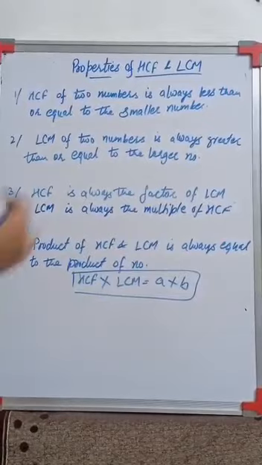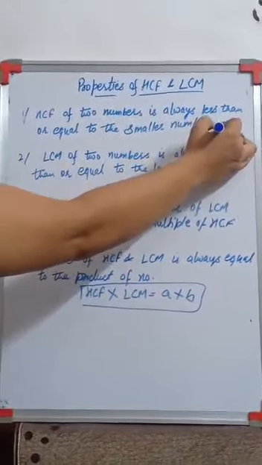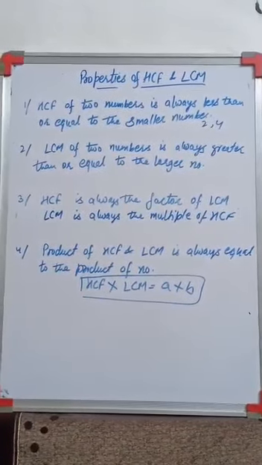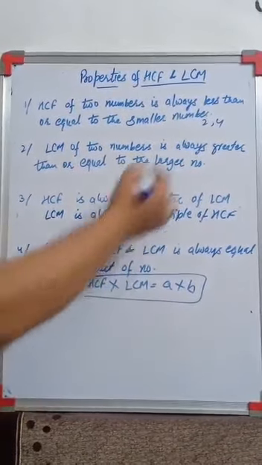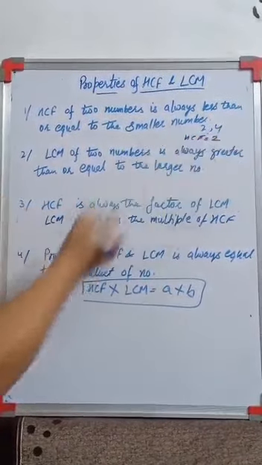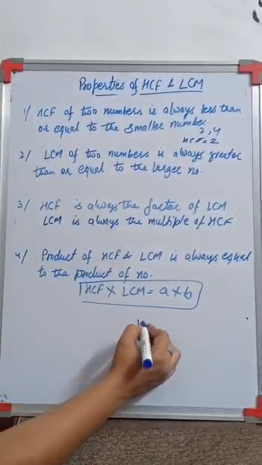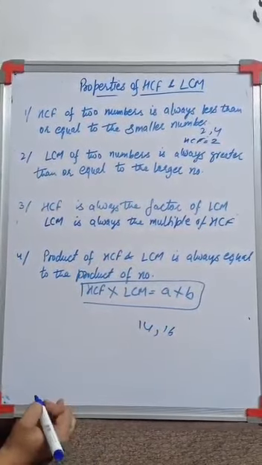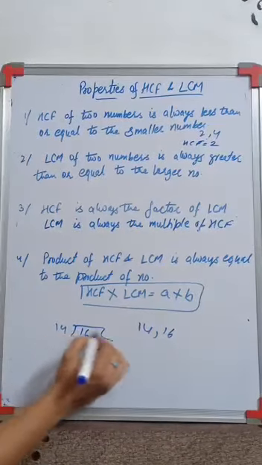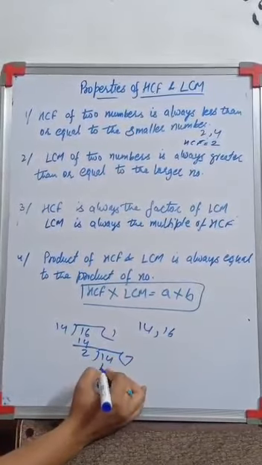If two numbers are there, for example, if I am taking 2 and 4, just a general example, and I calculate the HCF, it will be 2. Now, if I take 14 and 16 and calculate the HCF: 14 1s are 14, so 2, and 14 2 7s are 14.